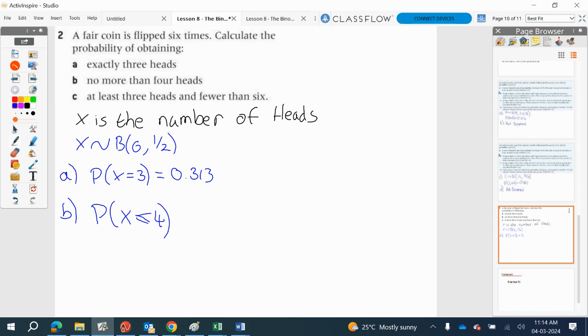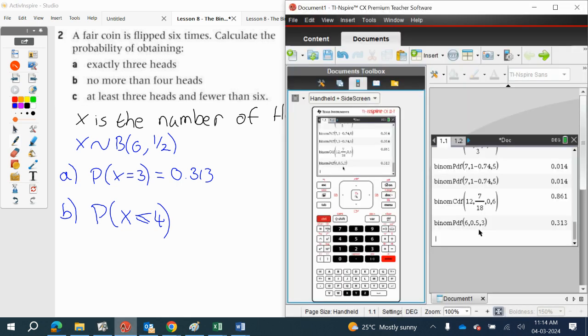No more than 4 heads. That means we want 4 or less. What do we get as the probability for that one?